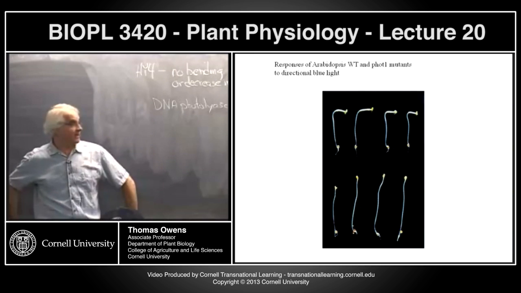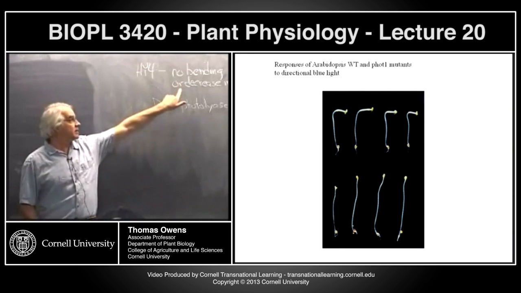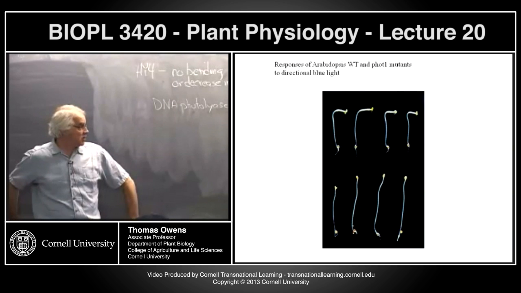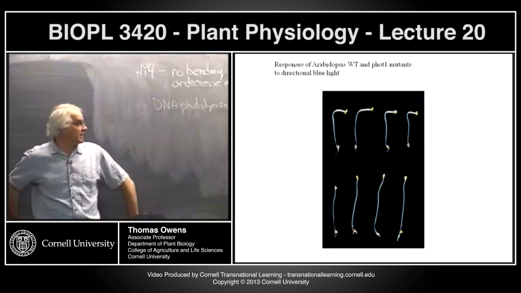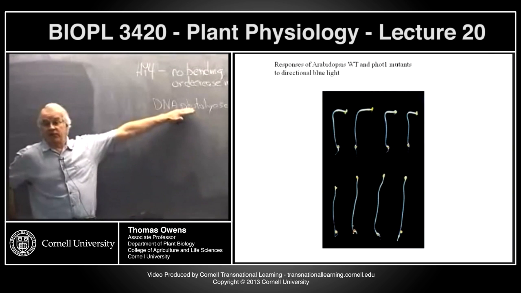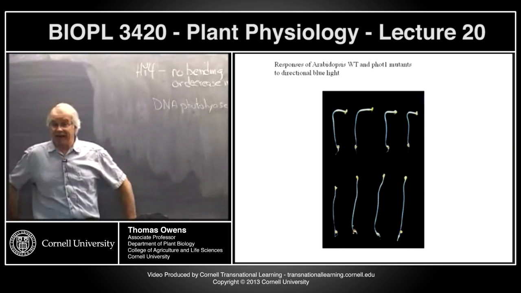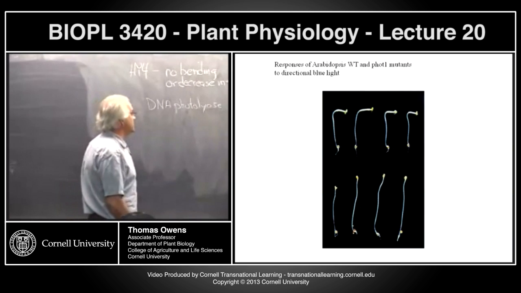So that's interesting, because if we have a mutation that affects a response to blue light, the bending of the coleoptile or hypocotyl and the rate of hypocotyl elongation, and DNA photolyase is also a blue light requiring enzyme, that suggests that they may have the same pigments. And the pigments present in DNA photolyase, there are two of them.